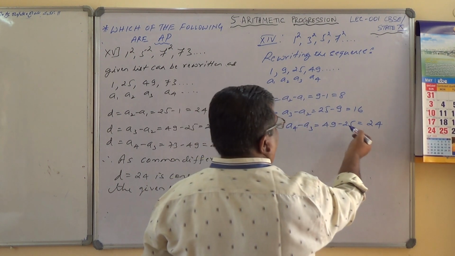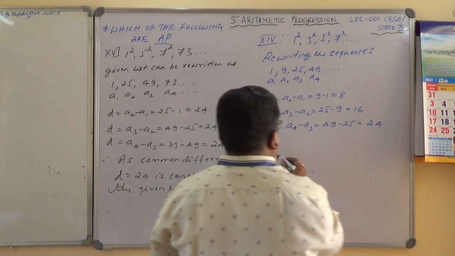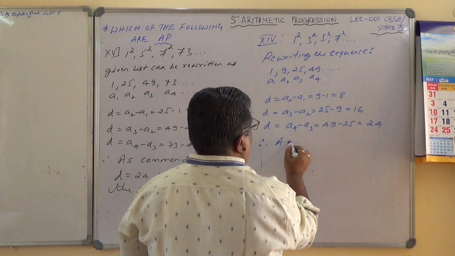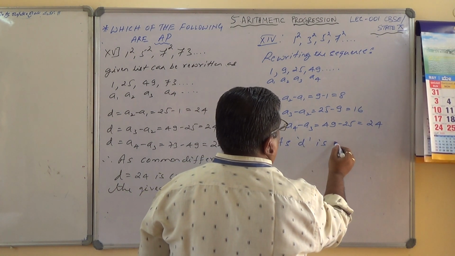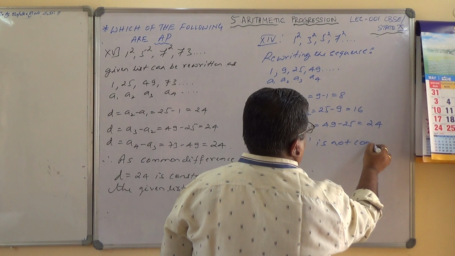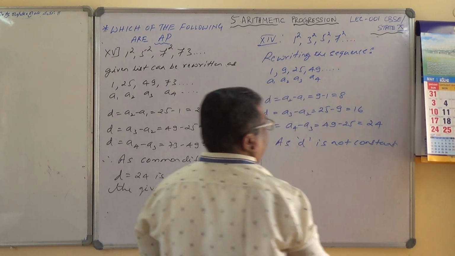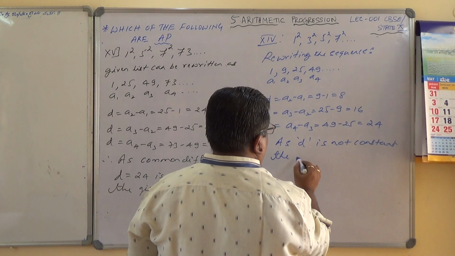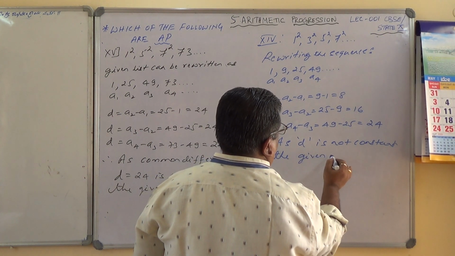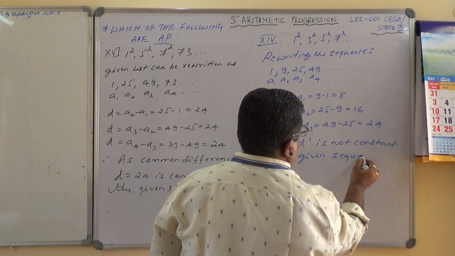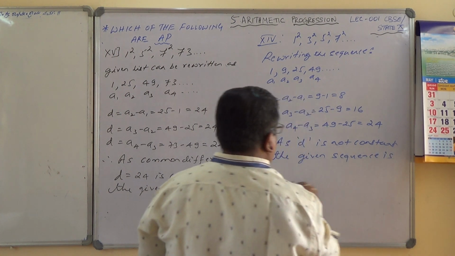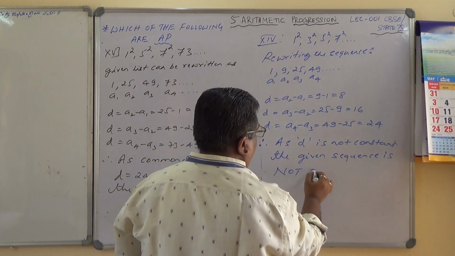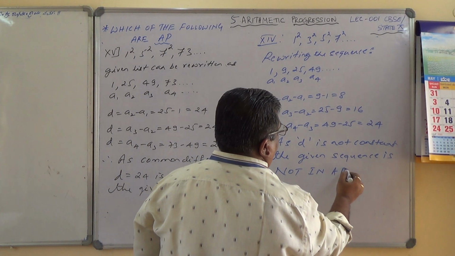Isn't it? Therefore, as D is not constant, the given sequence is not in AP.